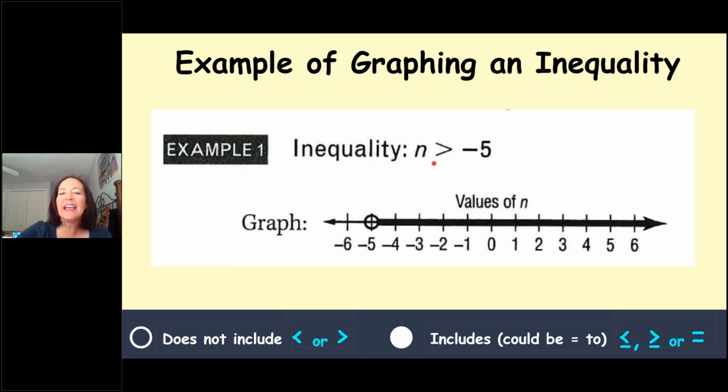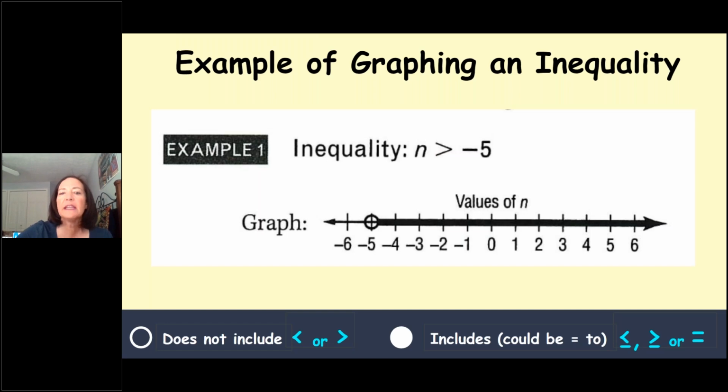Okay. So it says n is greater than -5. On our number line, -5 is our important number. We identify that. We make a decision. Am I going to put an open dot or a closed dot? The symbol is a greater than symbol, so it can't be equal to -5.